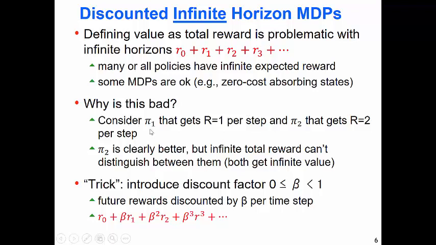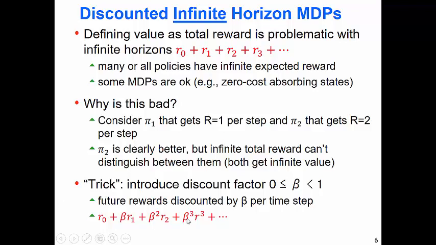So the trick we're going to use is adding discounting. Beta is a discount factor. There are lots of symbols used for discount factors. Gamma is another common one, but beta is pretty common. It's going to be something less than 1, usually greater than 0. Because of that beta, we're going to have an influence that dies off as time goes on, right?